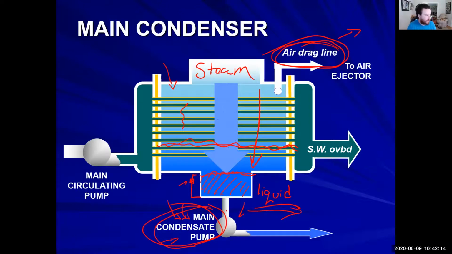If you remember nothing else but that today, it is a victory. Steam to a liquid. Air drag line goes to the air ejector, and that is going to be pulling out your non-condensable gases, gases that cannot be condensed from steam to a liquid.